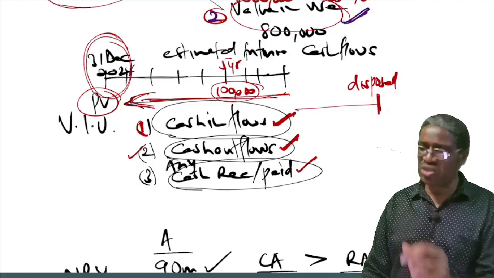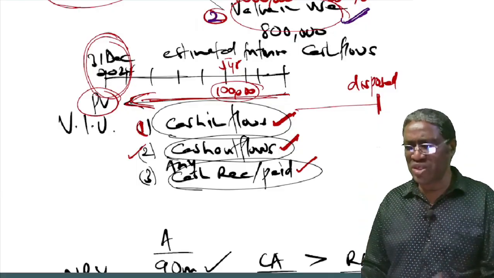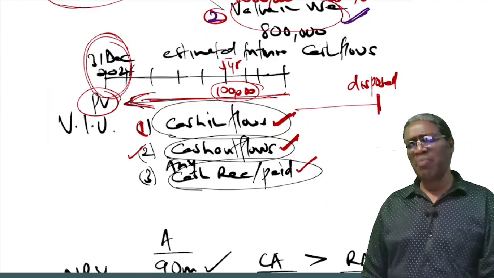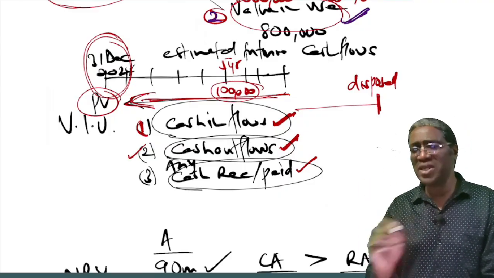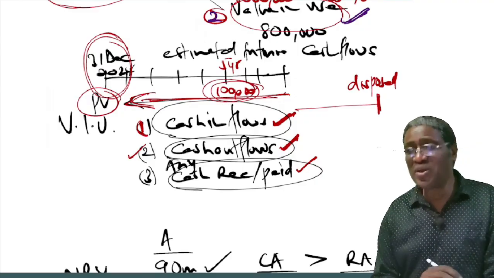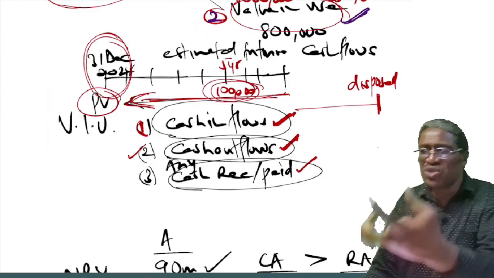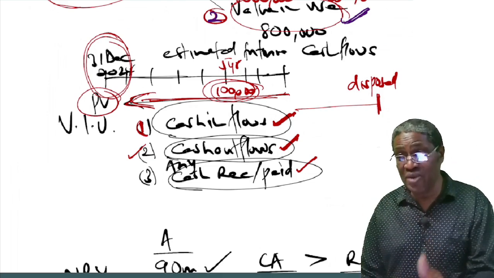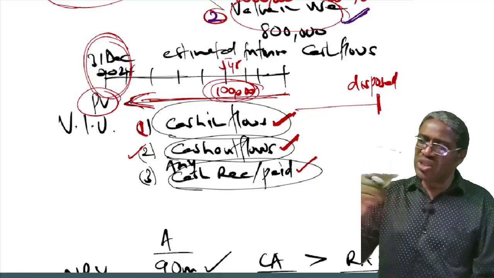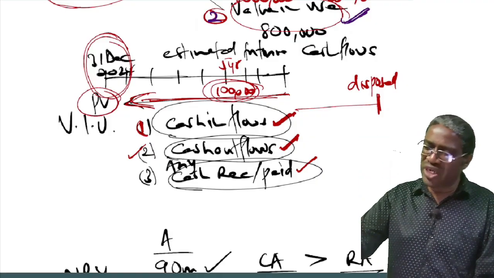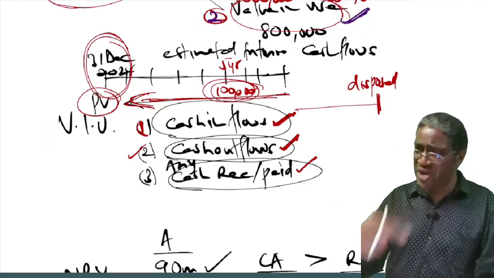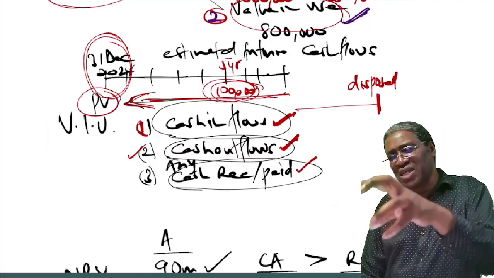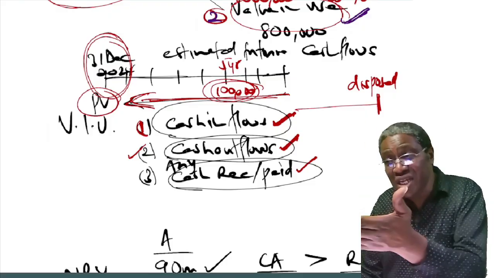I gave an illustration: suppose you have a machine and 5 years from now, 6 years from now, you are projecting that you will spend 100,000 for maintenance of that machine. It is necessary that you spend for maintenance so that you use that machine to generate more cash inflow, because if it breaks down, you may not generate cash inflows in the future.